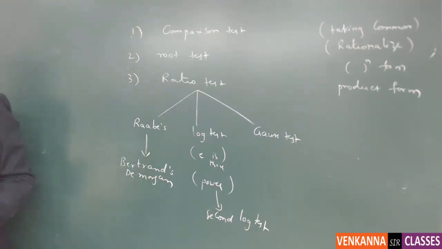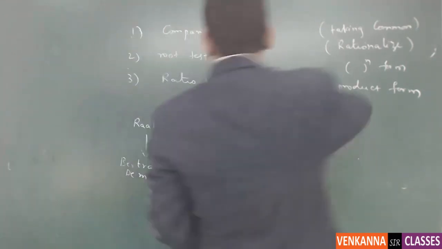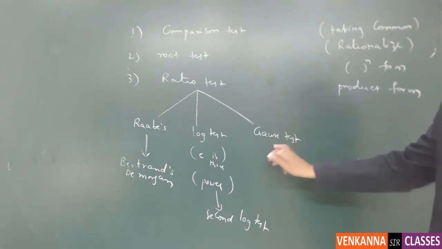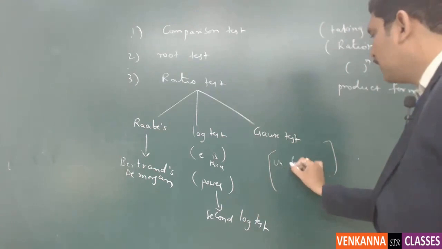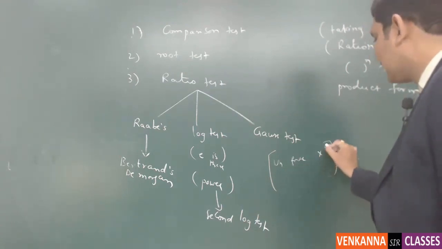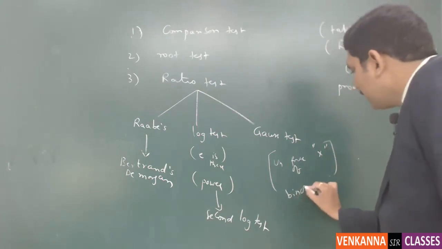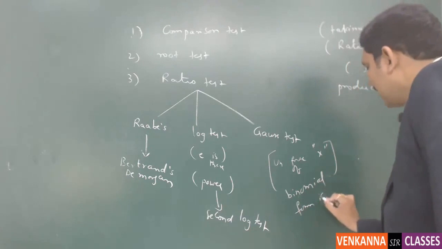And this is a special case: as and when ratio test fails, we apply Gauss test if the value un by un plus 1 is free of x and binomial form is available.